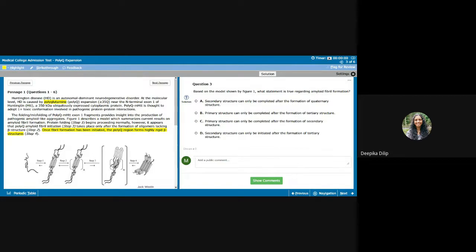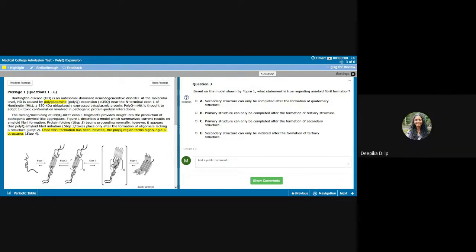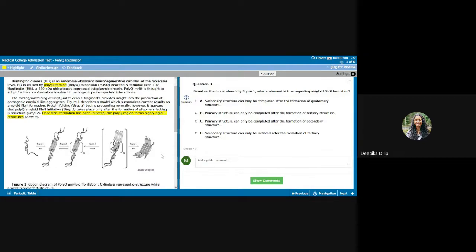Those poly-Q are beta structures, so I think it's secondary. Why am I not getting this at all? The poly-Q region is beta structures, so I think it's secondary.